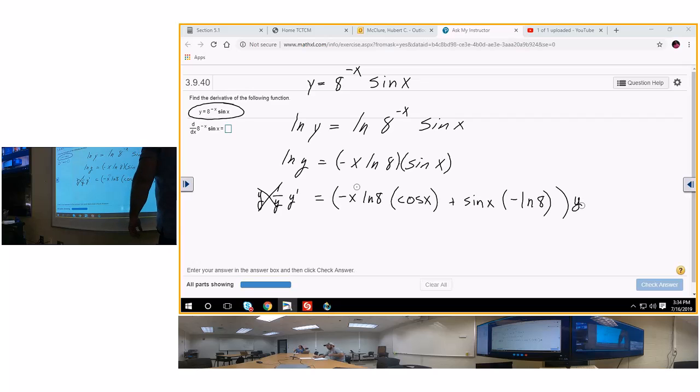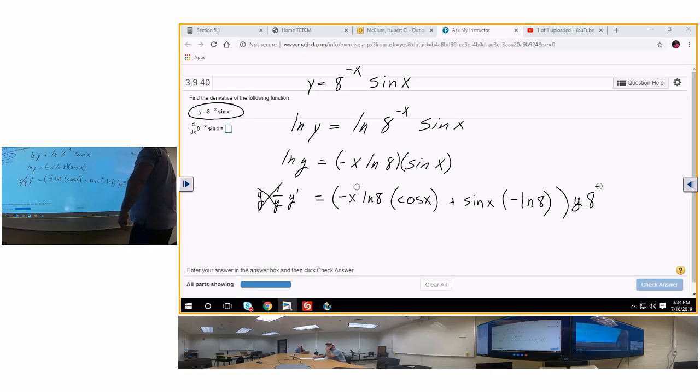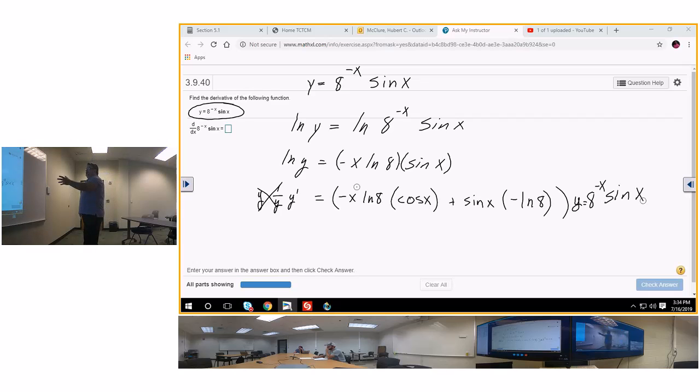And y is equal to 8 to the negative x sine of x. And you can distribute that out if you want to and take that 8 to the negative x on the bottom. Let's go ahead and do that because all this is algebra.